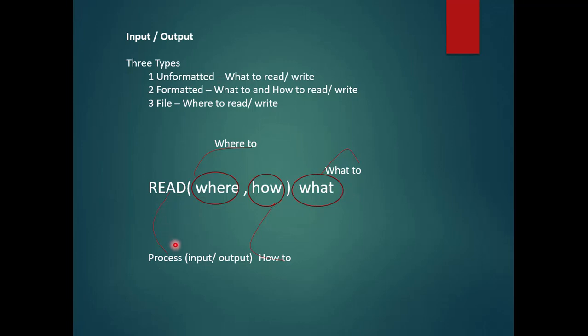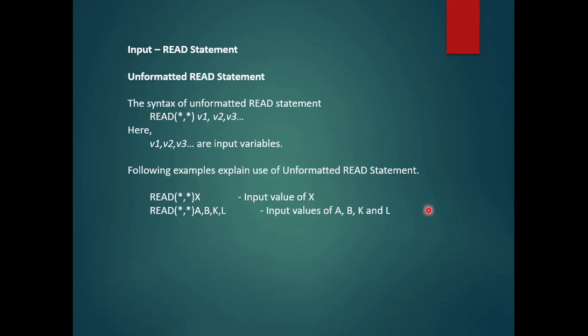The read is nothing but the process for input or output, so this is applicable for read as well as for write. The first part is where, the second part is how, and the third part is what.